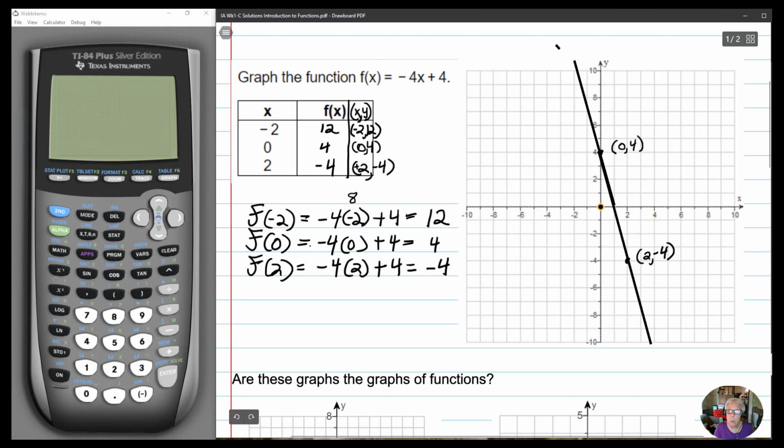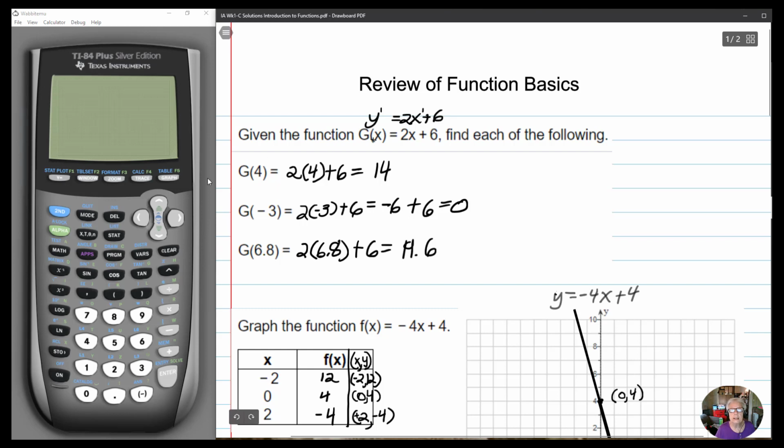My line, right. Y equals negative 4x plus 4. Or the function f of x, the graph of the function, f of x equals negative 4x plus 4.